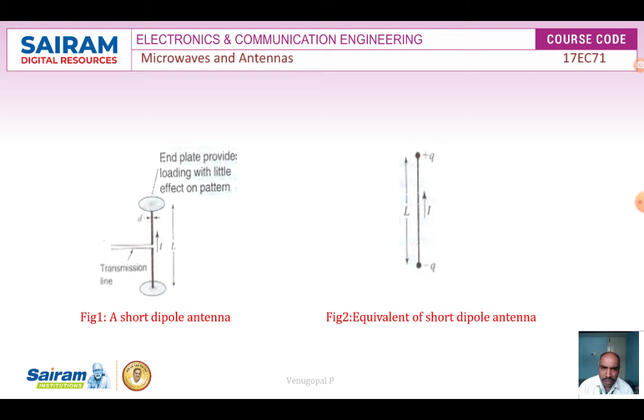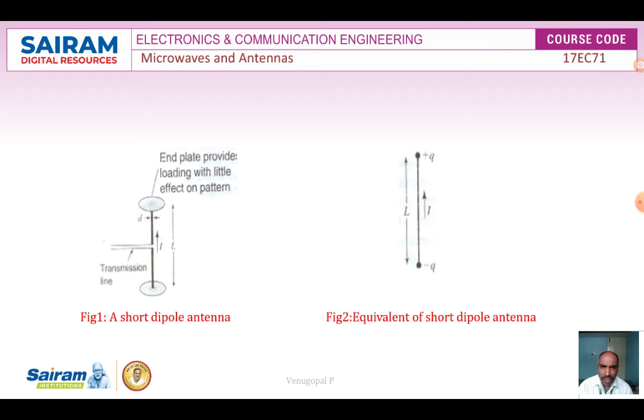In figure B you are observing the equivalent diagram for the short dipole antenna, where L is the length of the short dipole antenna, and a uniform current I is flowing along the length of the dipole. At the ends of the dipole you are observing two charges, one positive and one negative.